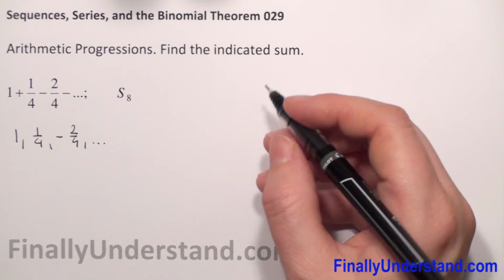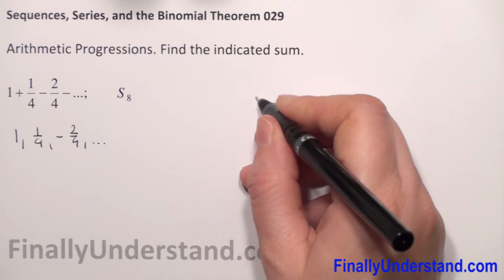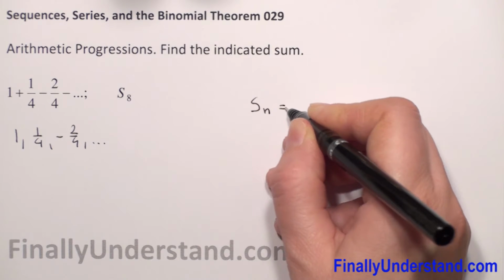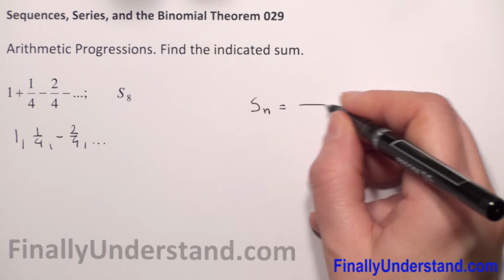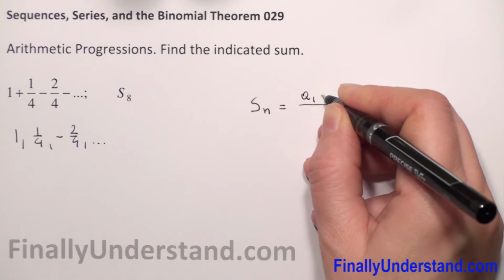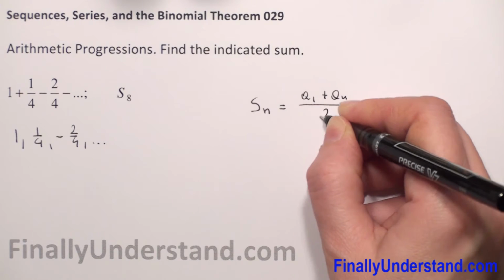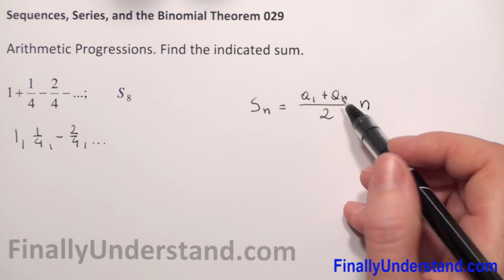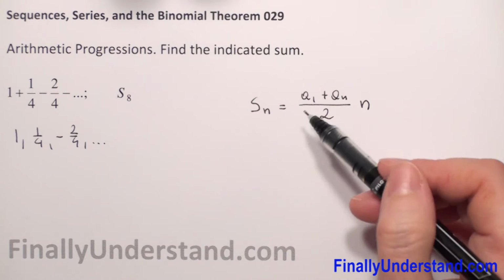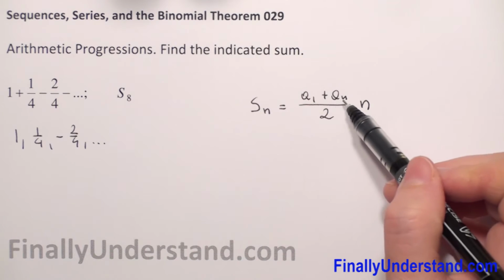So we will use the formula for the sum of n terms of an arithmetic progression: in the numerator a1 plus an, over 2, times n. So to find this sum, we need to have n, a1, an.